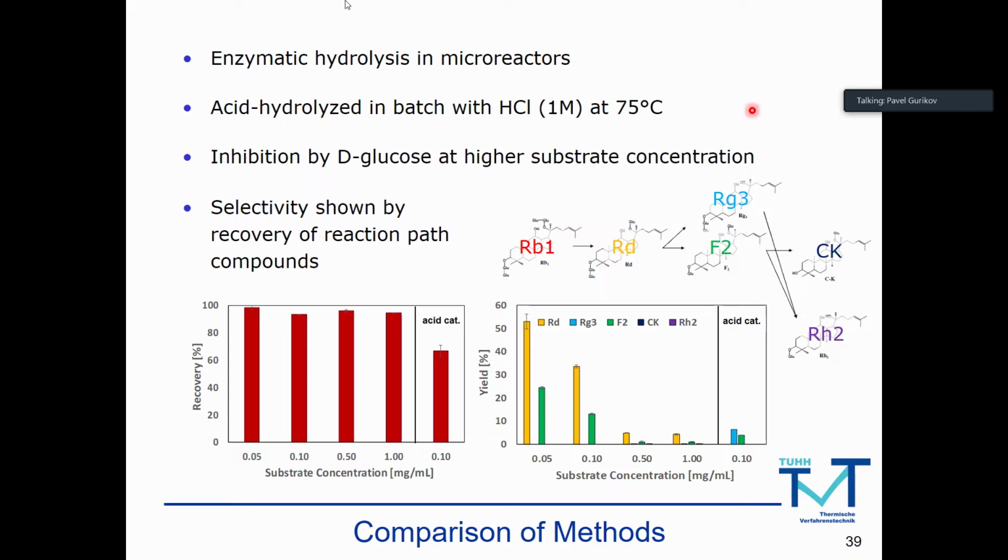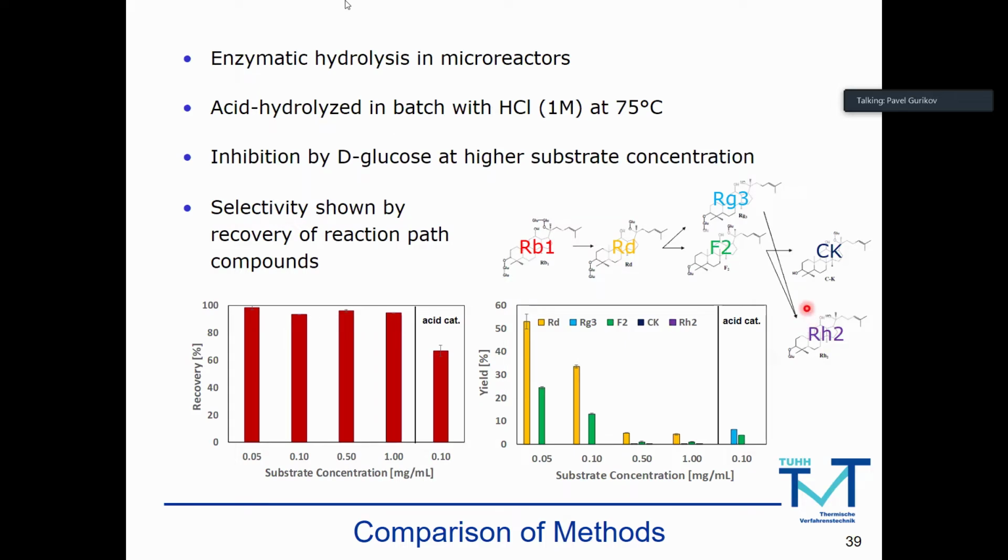So that has a very important message for the company. Okay, you indeed can control the hydrolysis. You can maximize the conditions. You can maximize the yield of, in this case, RD and F2, the products we want to get, with the highest possible yield. And for F2, it's not that high, but given that you have also RD and F2 in the mixture, that's quite a good result.